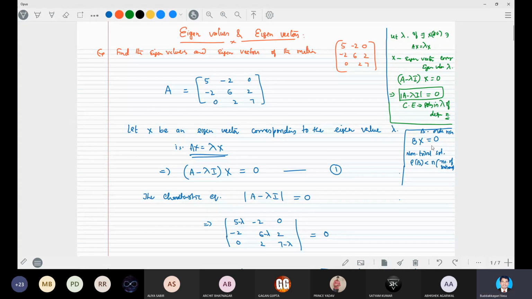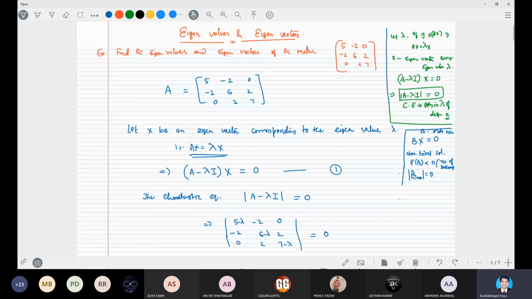In such a case, for getting rank less than n for a non-trivial solution, what is the largest order of the matrix? That is B of order n by n. So its determinant is equal to 0. If rank is less than n, its determinant is equal to 0.